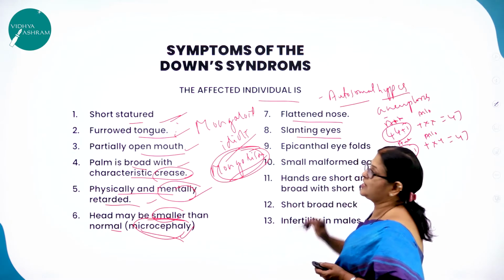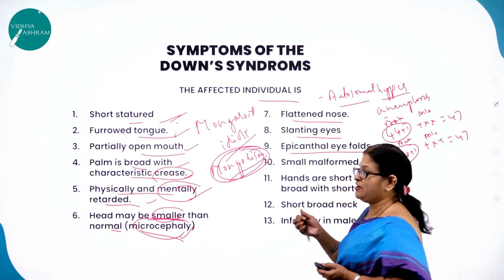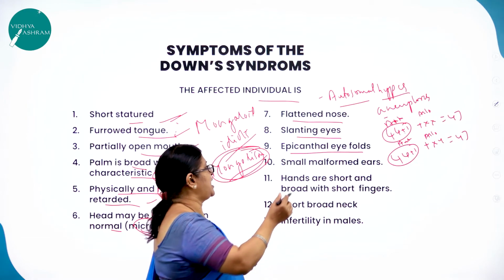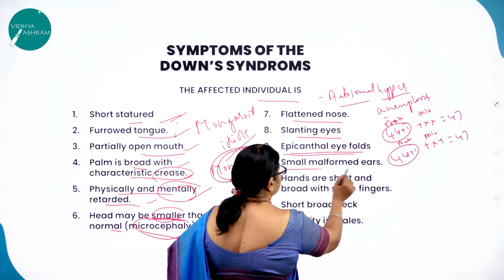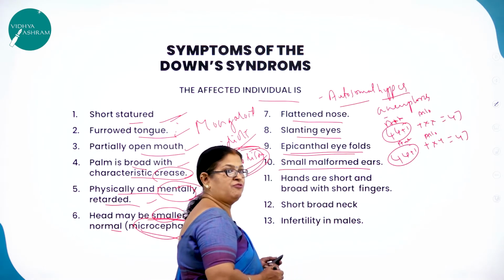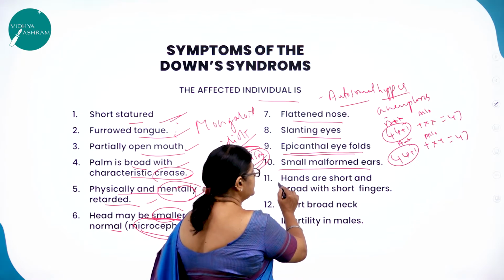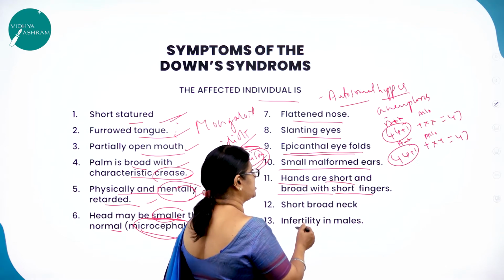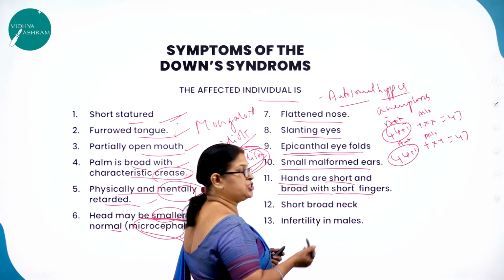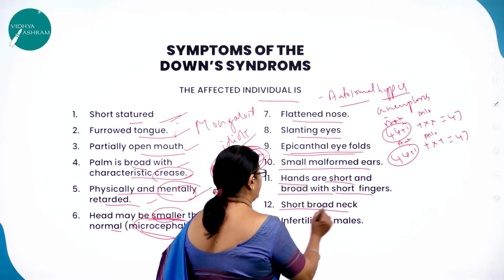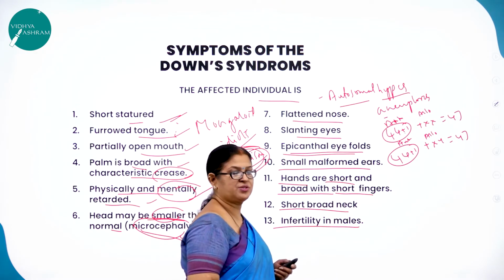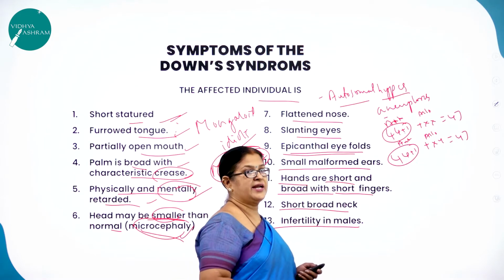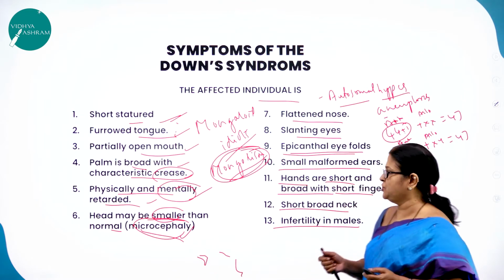Flattened nose, slanting eyes, then epicanthal eye fold. So the eyelids will not close properly, so they have epicanthal eye folds. Small malformed ears. Then hands are short and broad with short fingers. Then short broad neck. Infertility in males, so usually it causes infertility in males. All these are the characteristic features of Down syndrome.